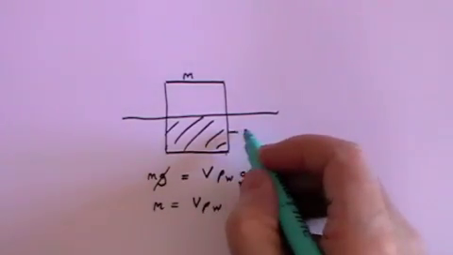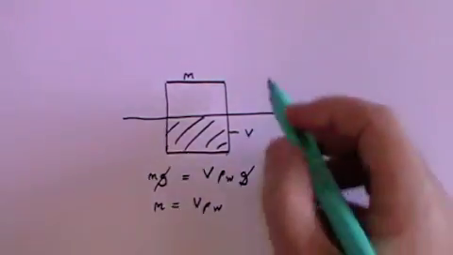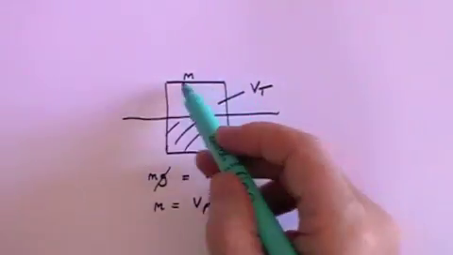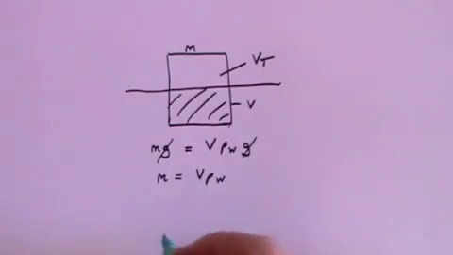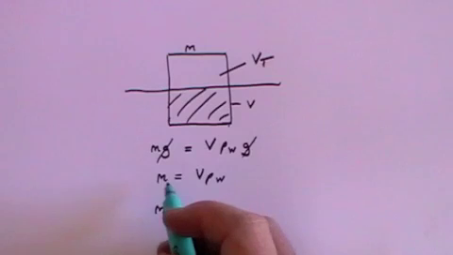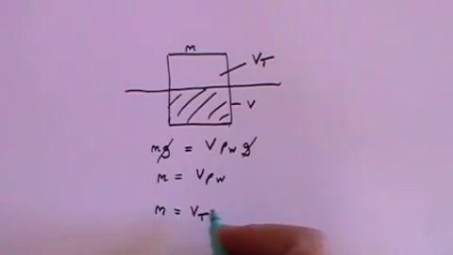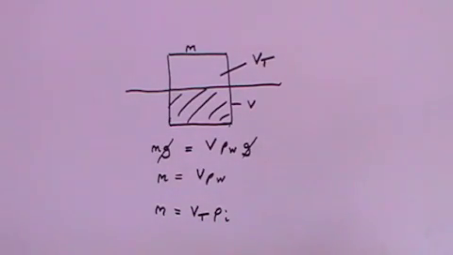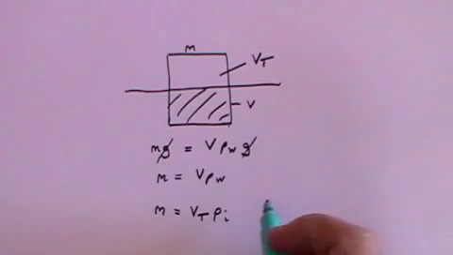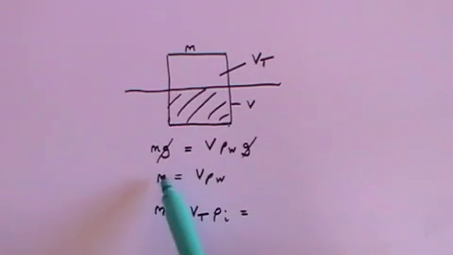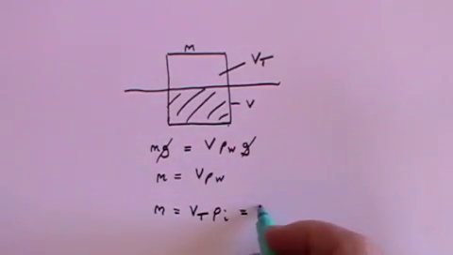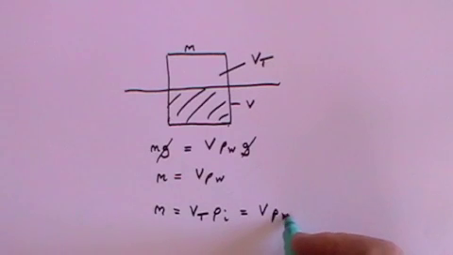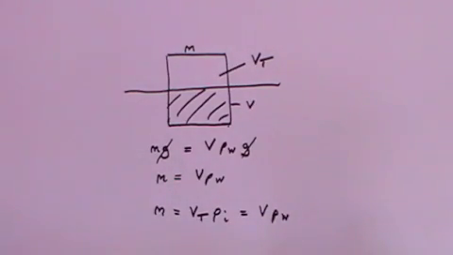Now V is the volume that is underwater, but let's consider the total volume of ice. That's all of it, above and below the water. Then what we can say is that this mass of ice is equal to the total volume times the density of ice. And that, of course, is going to equal, because mass is equal to the volume underwater times the density of water, that equals volume times density of water.